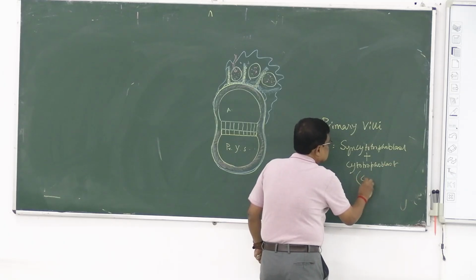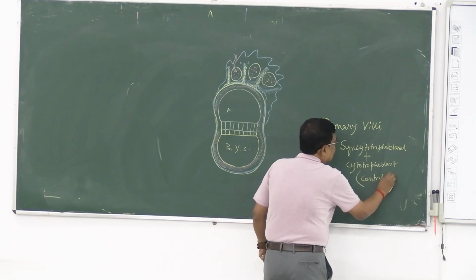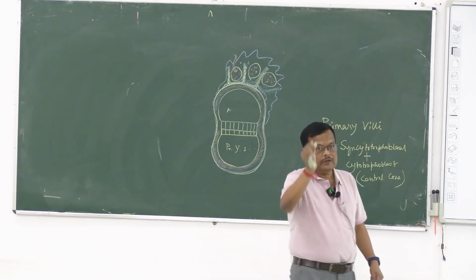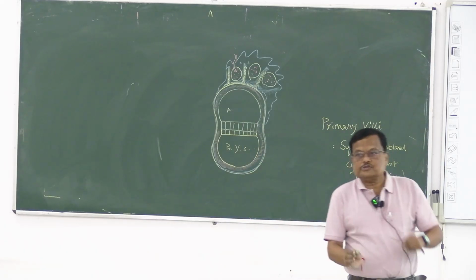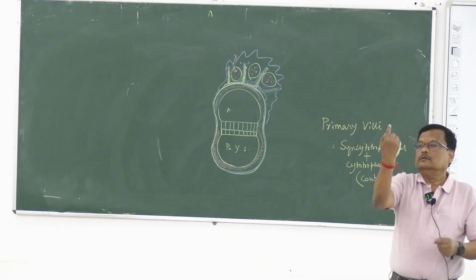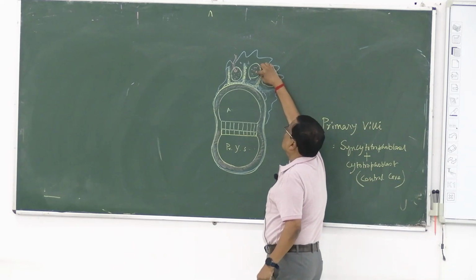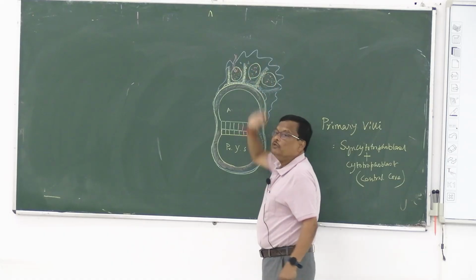Central core means it is in the middle. Centrally there is an extension of the cytotrophoblast, and we now call this the primary villi.